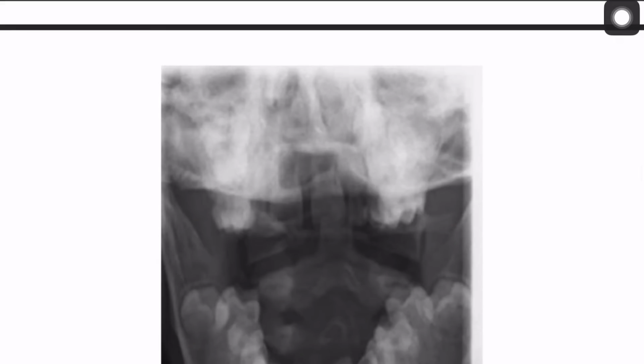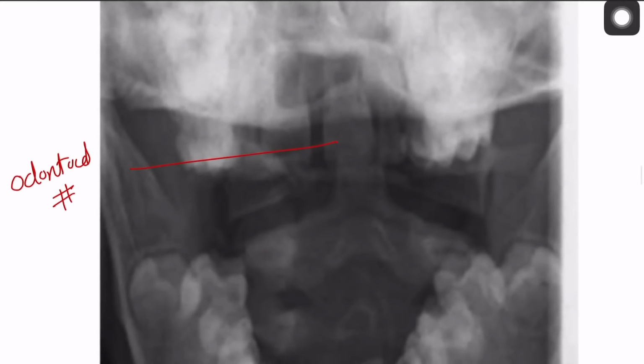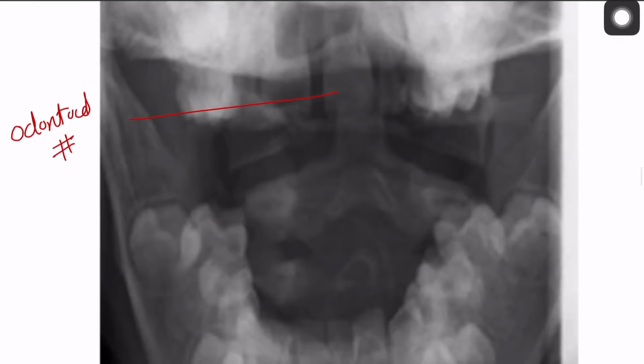So again, we're trying to identify the dens. Look here, this is the dens. Oh, there is some interruption in here, and then the dens will continue as well. So obviously that's an odontoid peg fracture. So this is an odontoid fracture, okay? And there is sort of soft tissue swelling all the way around.